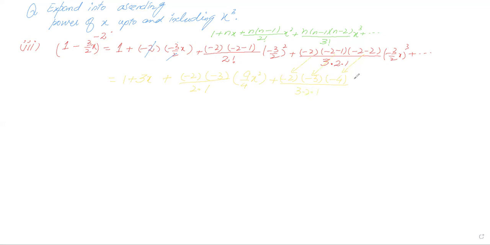Dot means the multiplication, and we have a minus sign. The cube of 3 is 27. The cube of x is x cube, and the cube of 2 is 8, and plus so on.